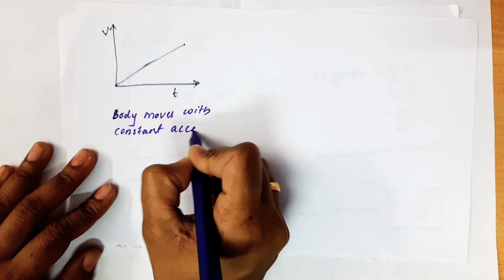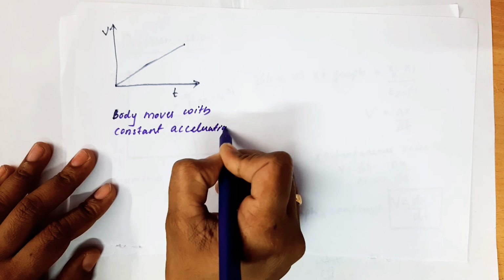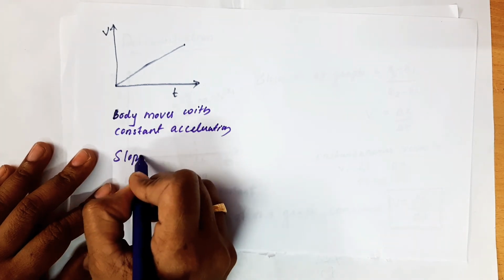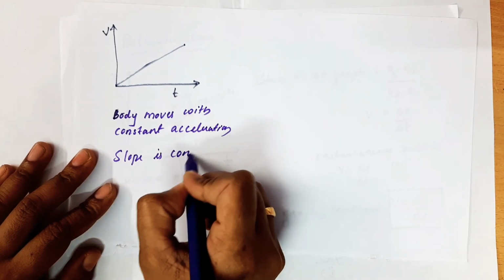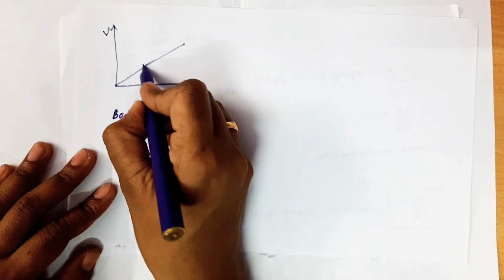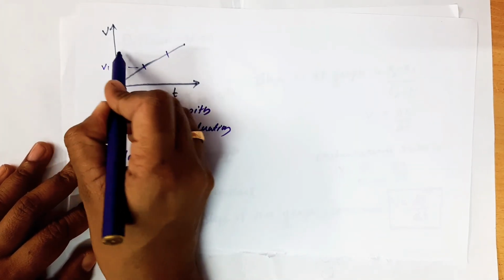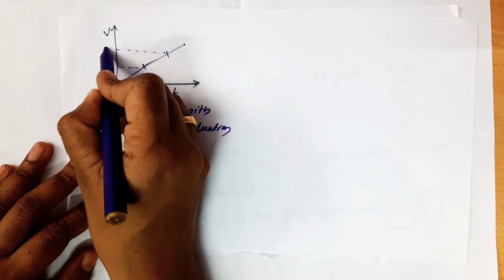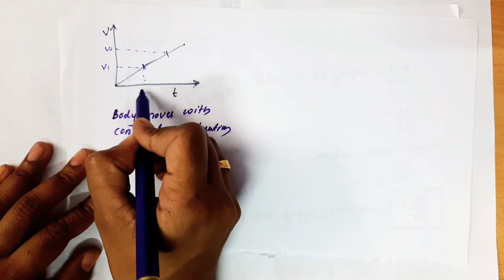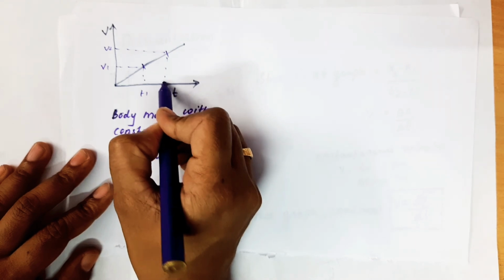What is the meaning of that? Same thing you can tell: slope is constant. What is the slope here? Same like before, you take 2 points. This will be v1, this will be v2. This time will be t1, this time will be t2.